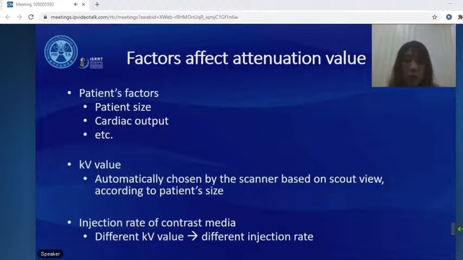And the contrast attenuation value will be different under different kV values. According to this characteristic, we can decide the contrast velocity and volume that is suitable for the patient. So different kV needs different velocity for the contrast agent.